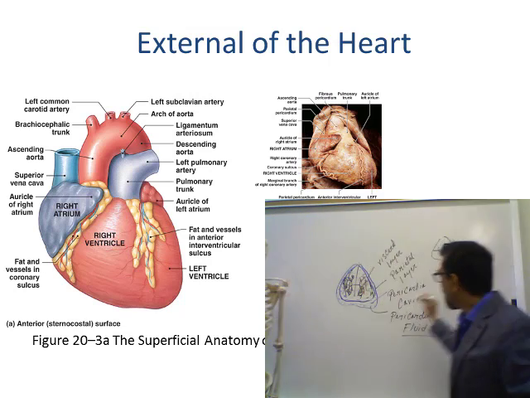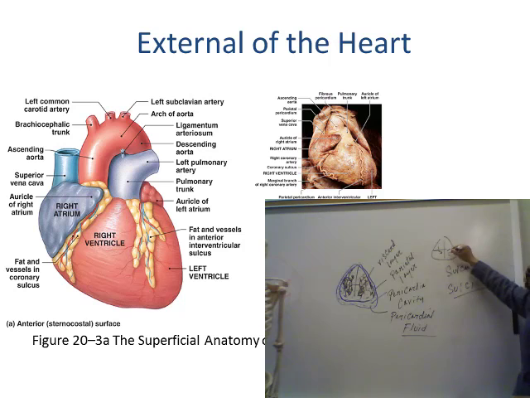So when ventricle contracts, for example, this is left ventricle. When left ventricle contracts very forcefully, should the blood go to the atrium or outside? Outside, right? Should it go to the atrium? No. That is meaningless, right? So when the ventricle contracts, the AV valve will close.